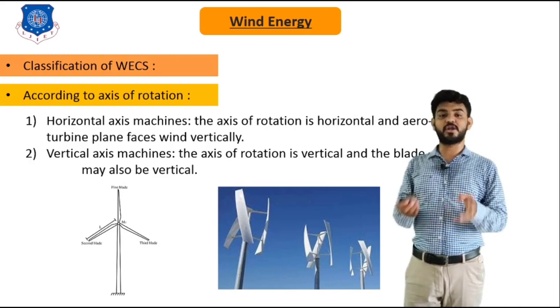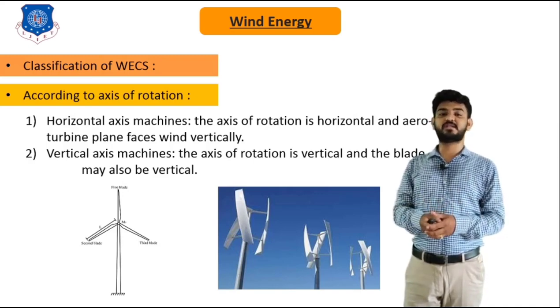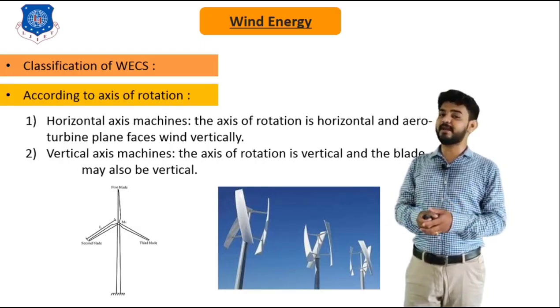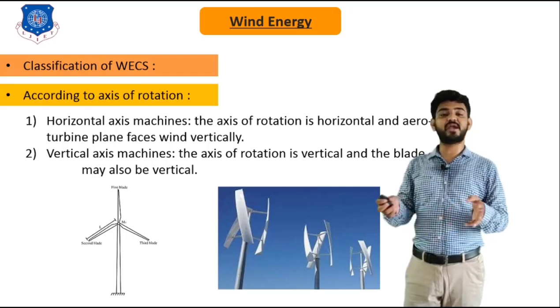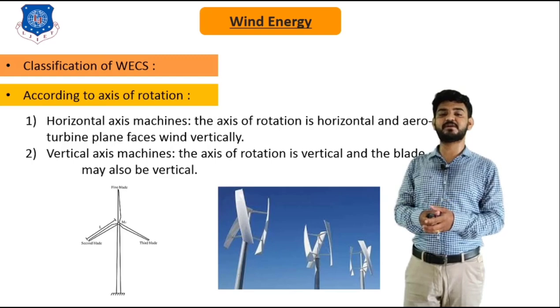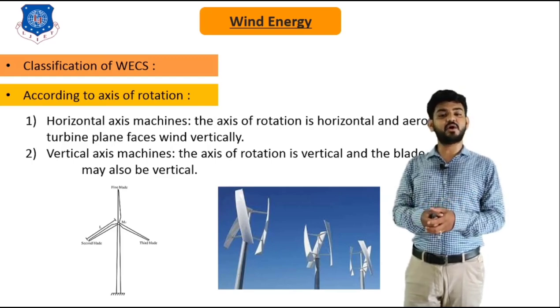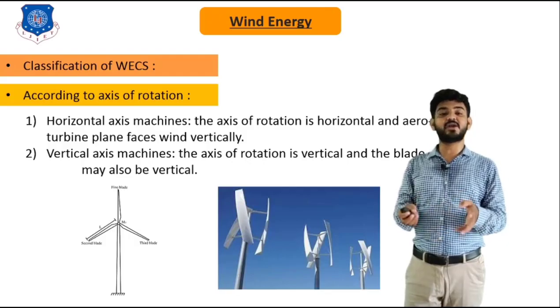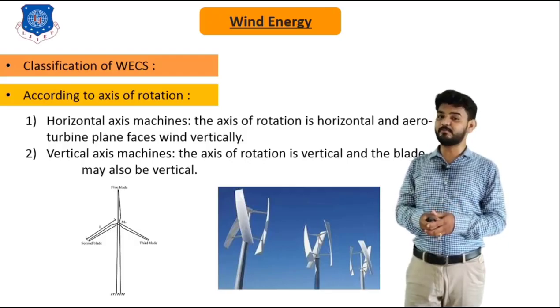In a horizontal axis machine, the axis of rotation is horizontal and the aero turbine plane faces the wind vertically. While in a vertical axis machine, the axis of rotation is vertical and the blades can also be arranged in a vertical position.